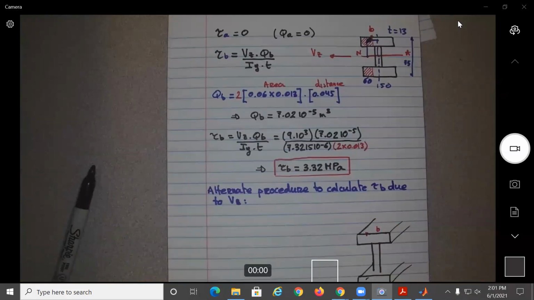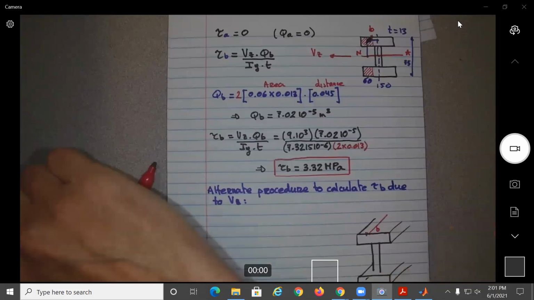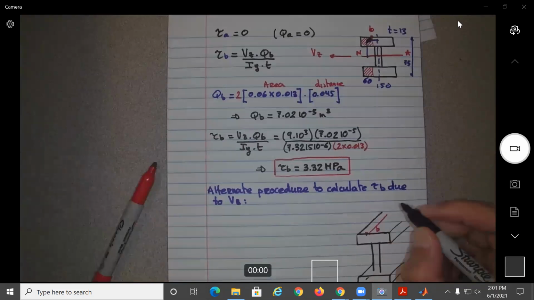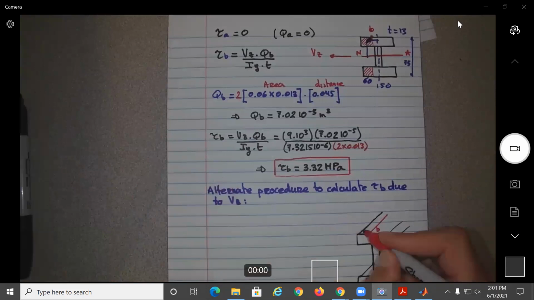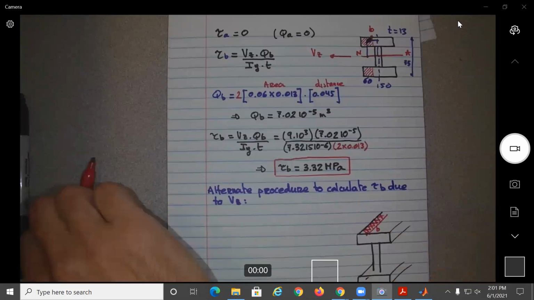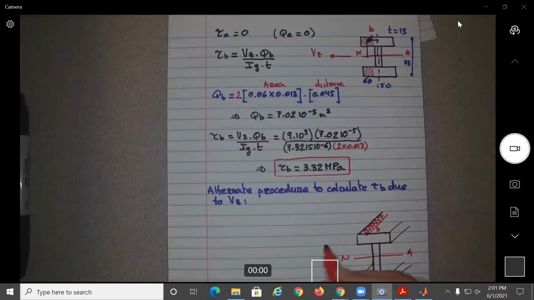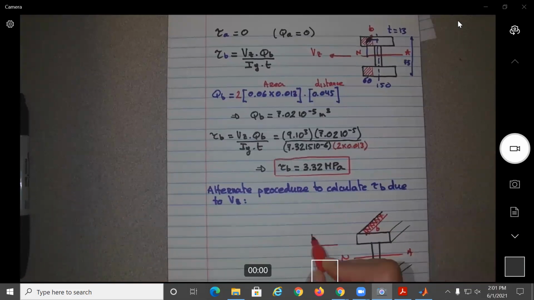And this is what makes shear difficult. Right? So let's say if we look from the top, you will agree that all this area could also be the one in shear. So if you look at this, neutral axis, VZ is going in that direction.